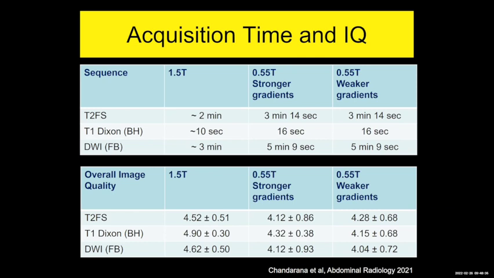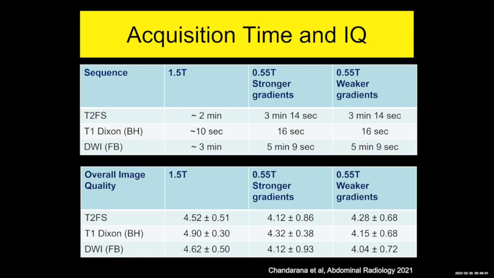And then we had readers evaluate image quality on a Likert scale from 1 to 5, with 1 being non-diagnostic and 5 being excellent, for each of these contrast mechanisms. What we see here is that for T2 fat-set imaging at 0.55 Tesla, the image quality was ranked as diagnostic, although of lower image quality compared to the 1.5 Tesla acquisition.